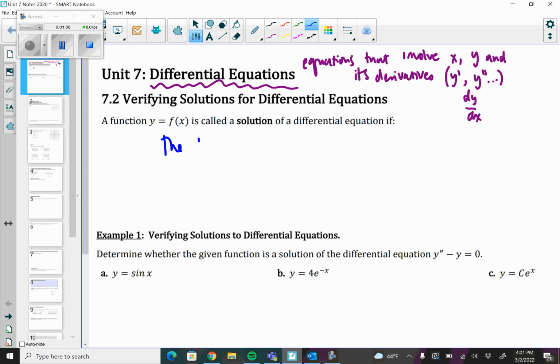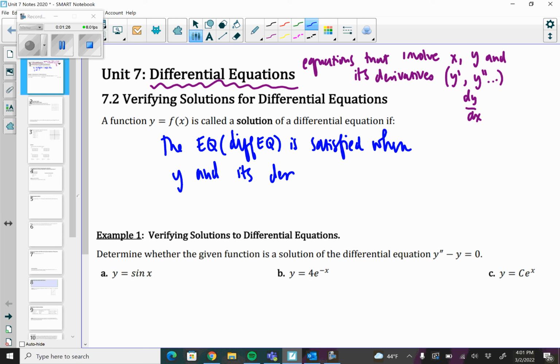The differential equation is satisfied when y and its derivatives are inserted. Sorry that my handwriting looks bad, but hopefully if you need, you could just rewind and listen again.